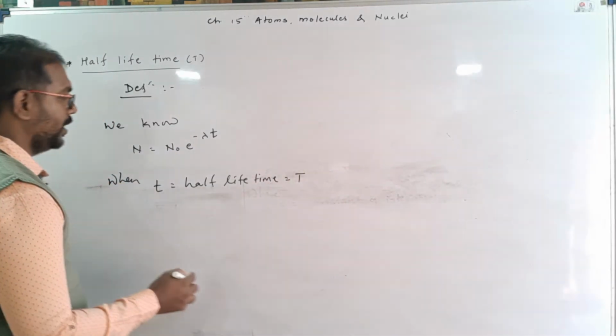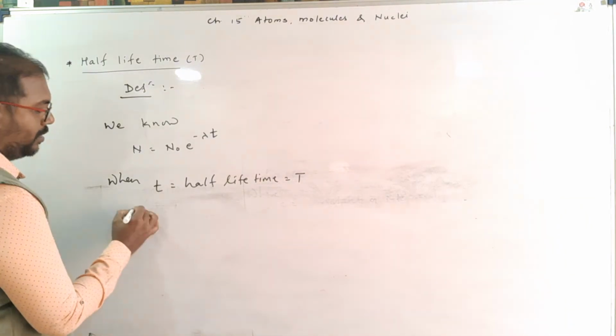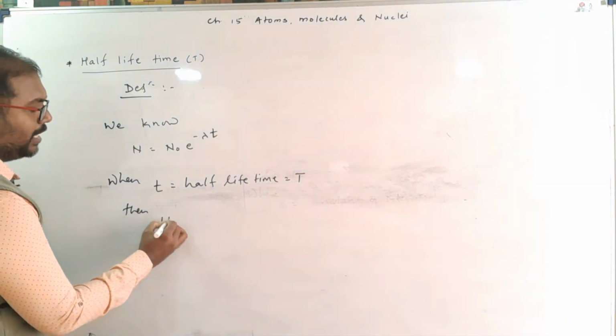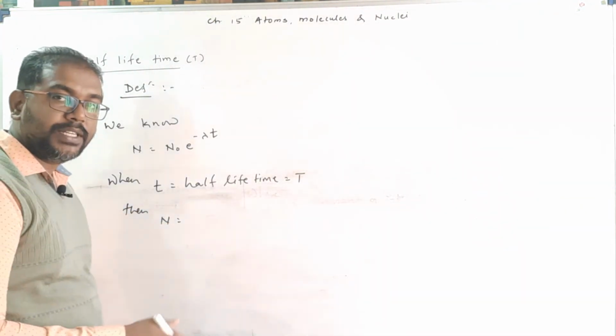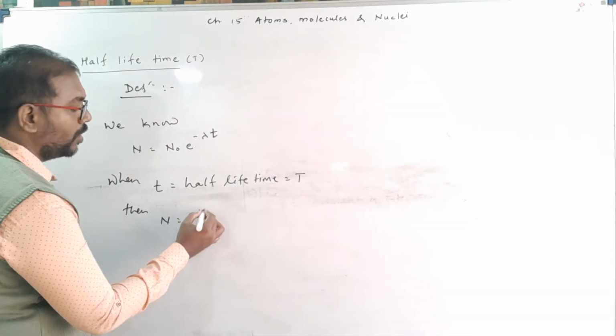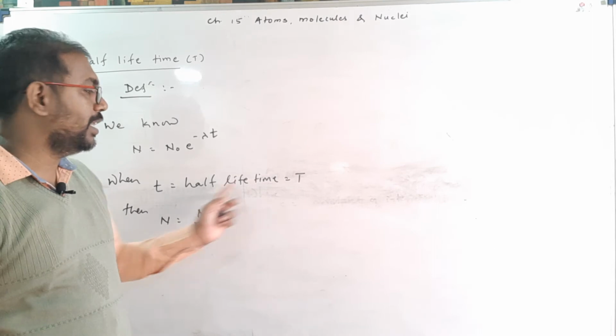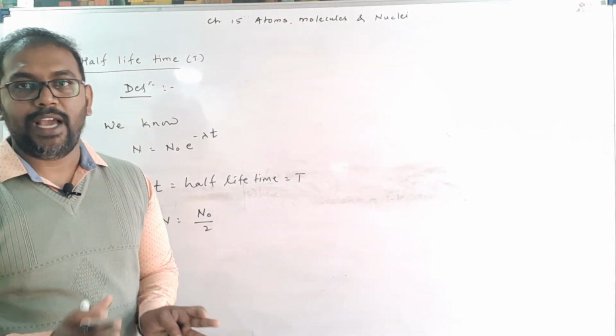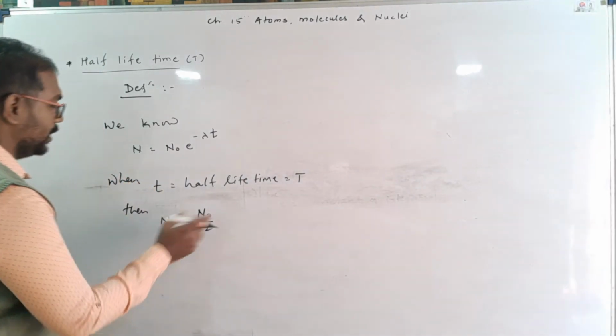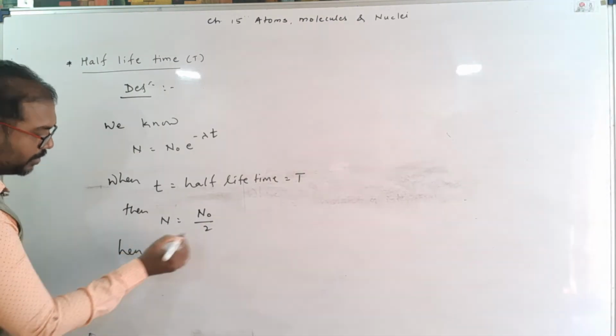Then the number of substance present is equal to the original substance divided by 2. When the time is half-life time, the substance decays to half the original amount. So n is equal to n0 by 2.